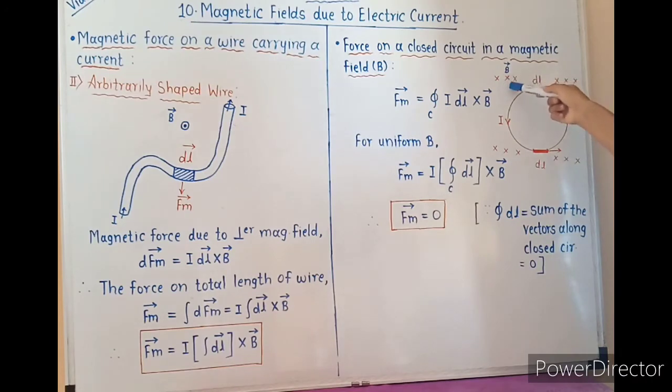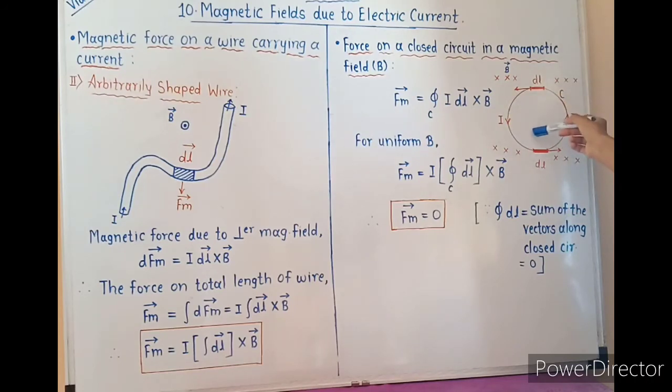And this cross sign shows the magnetic field B bar is going inside the plane of the paper. While in the arbitrarily shaped wire, the magnetic field B bar was coming out of the paper, in this case it is going inside the plane of the paper.